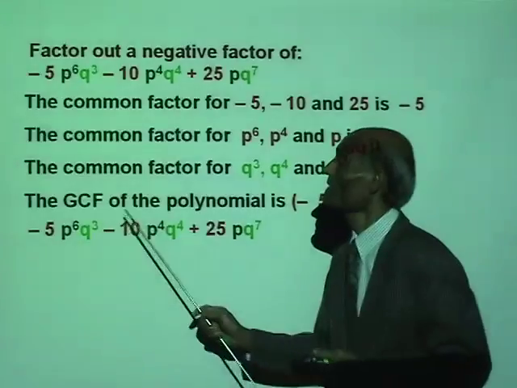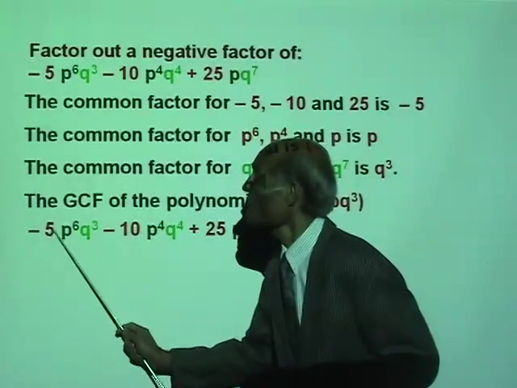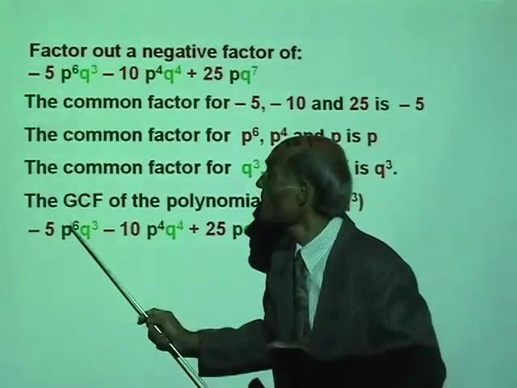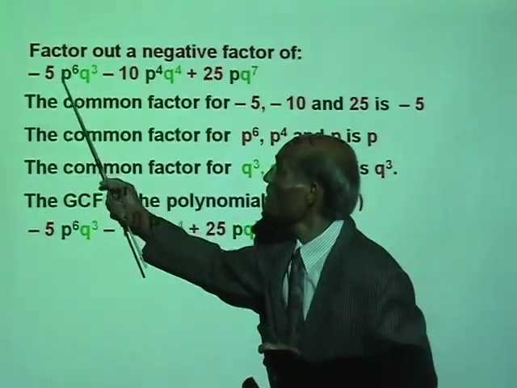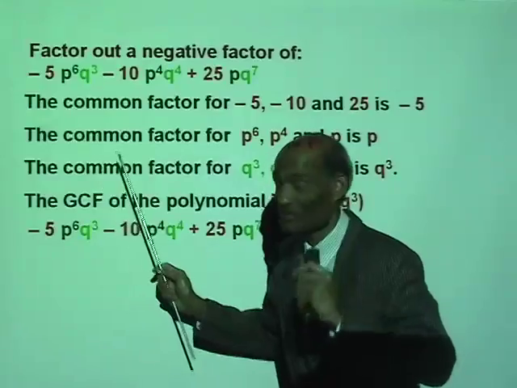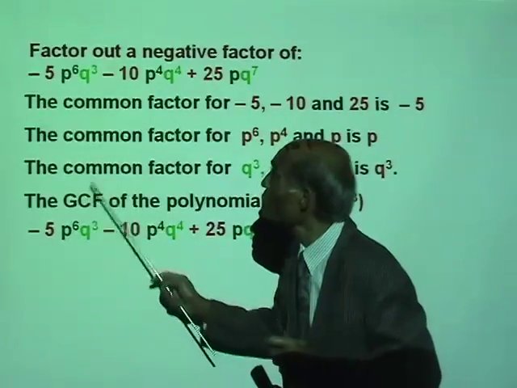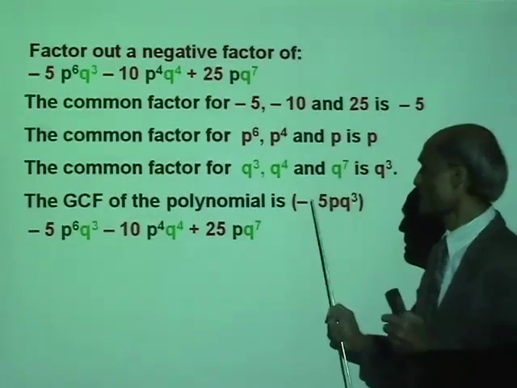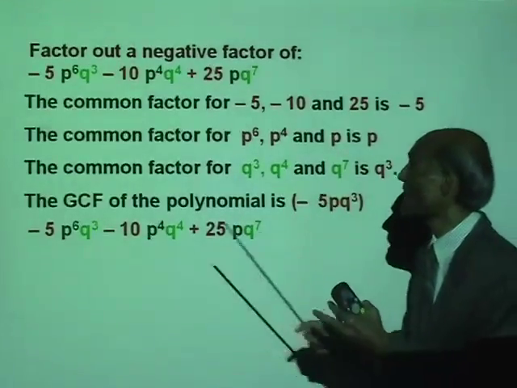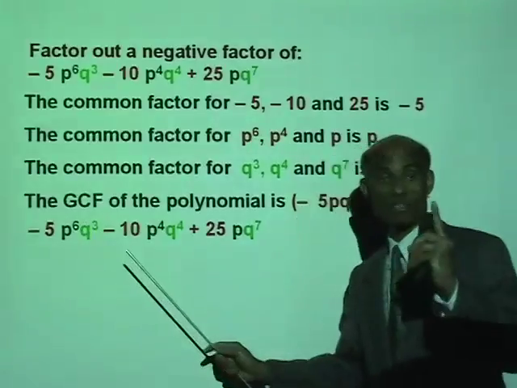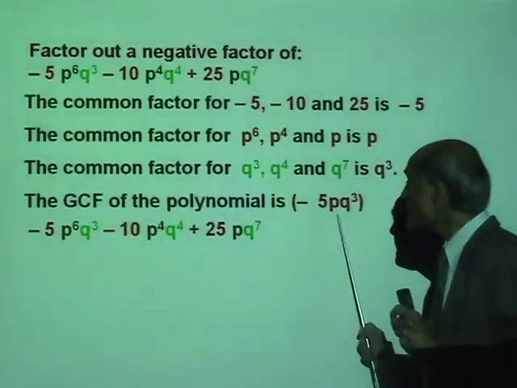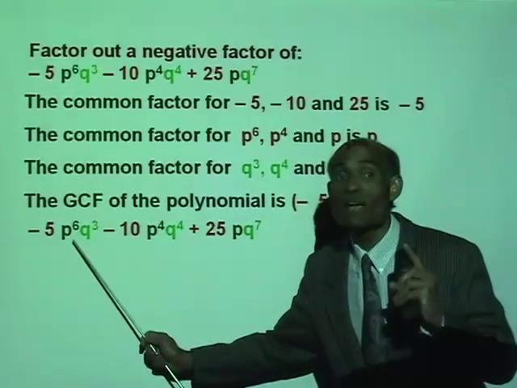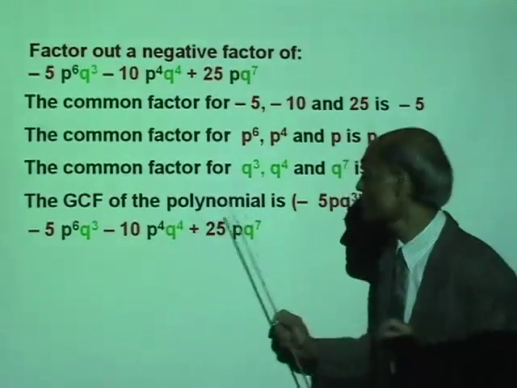Well, -5 is factored out, leaving a +1. P is factored out from p to the 6, leaving a p to the 5.